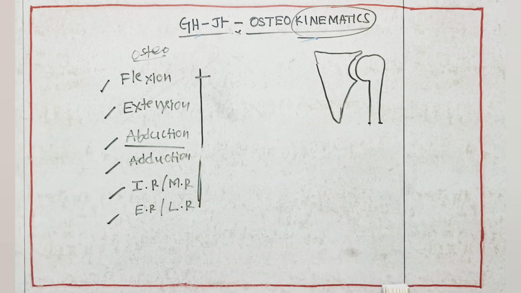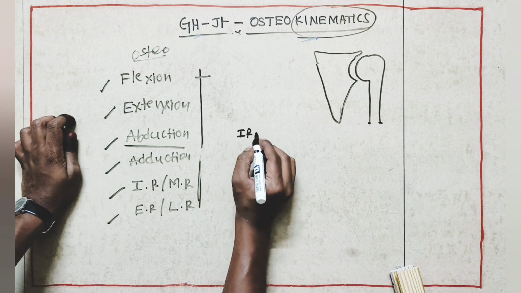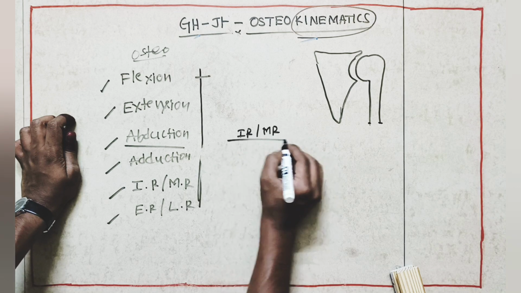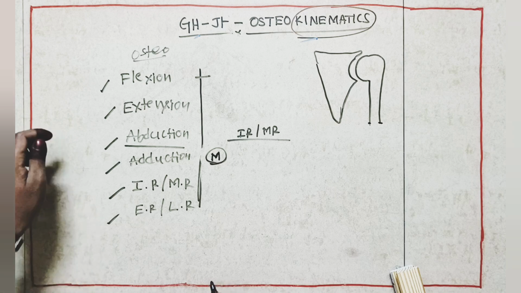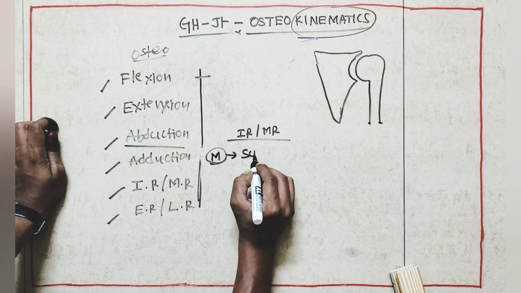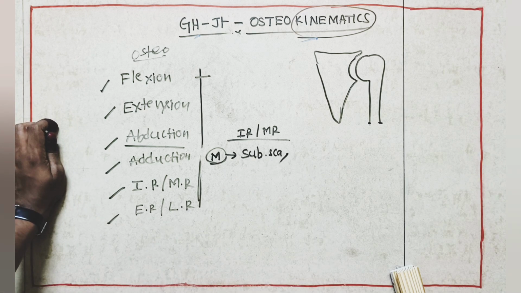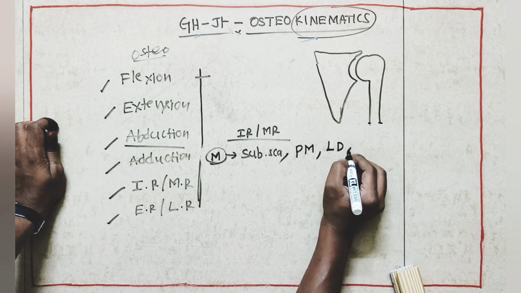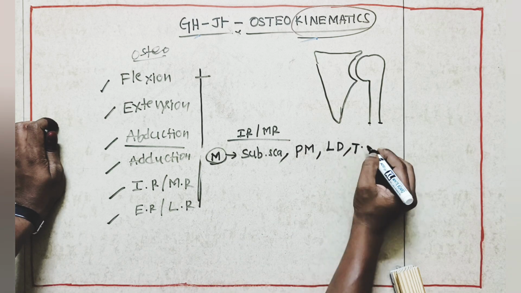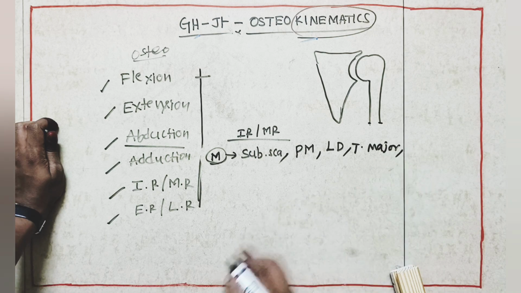Now we will see internal rotation, also called medial rotation of the shoulder. First point, muscles. Which muscles are responsible? First muscle, subscapularis. Second, pectoralis major muscle. Then latissimus dorsi muscle. Then teres major muscle.